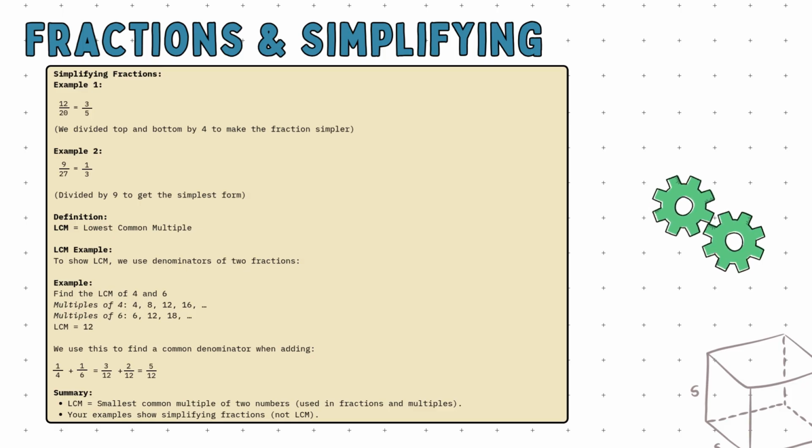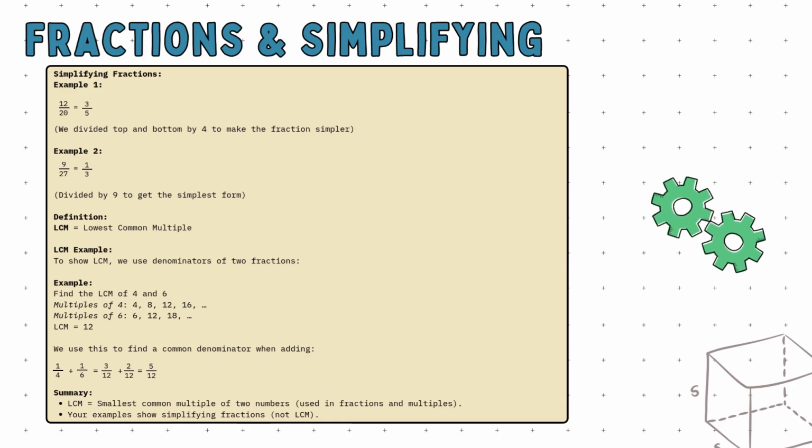That gives us 1 over 3, because 9 divided by 9 gives us 1 and 27 divided by 9 gives us 3. And that's how we get our final answer, 1 over 3. Again, we simplified by dividing both parts by 9. These are called simplifying fractions, not the LCM. We are just making the fractions smaller and neater.